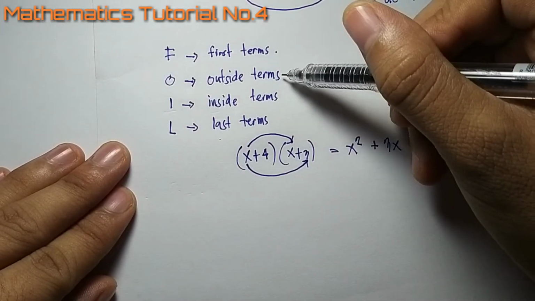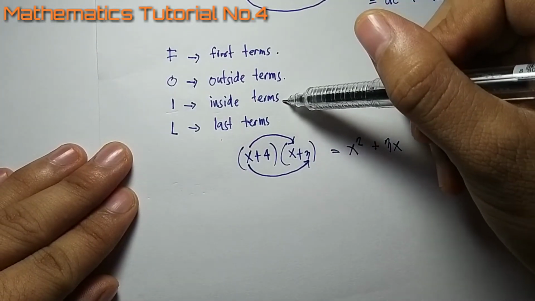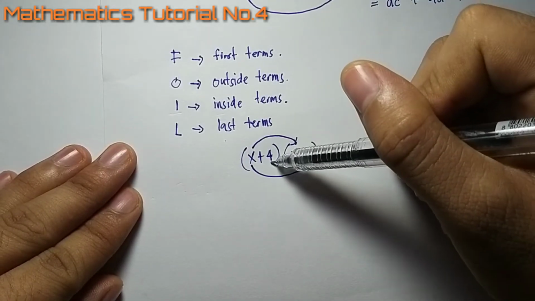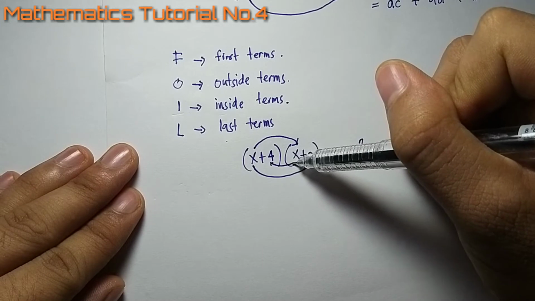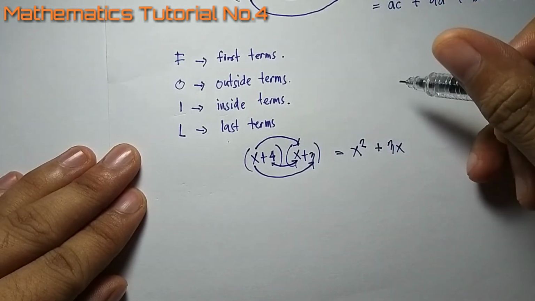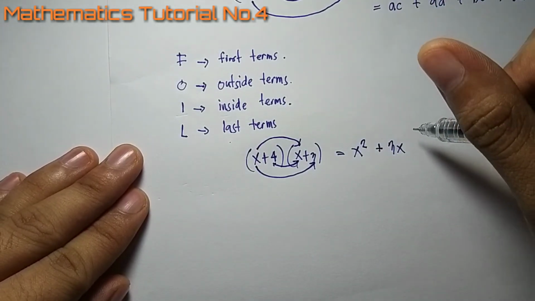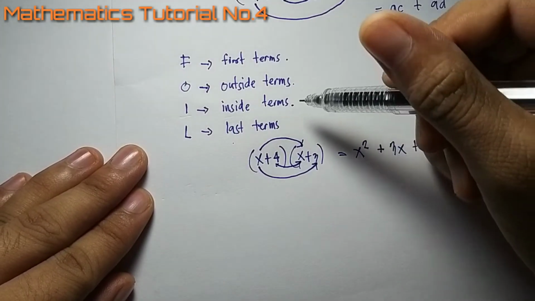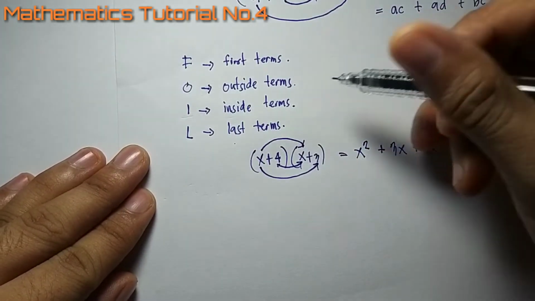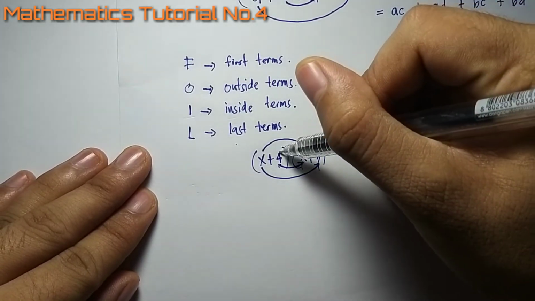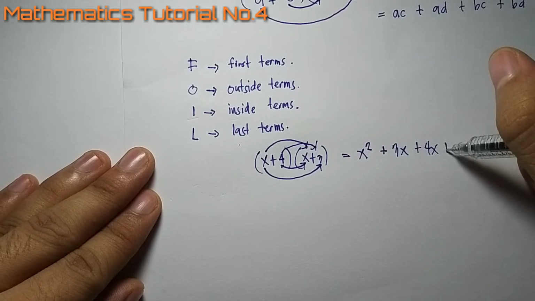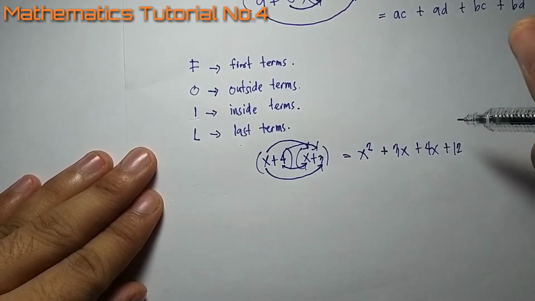Human na sa outside terms, diri na ta sa inside terms. So, ang inside terms kay 4 og x. So, 4 times x, that is positive 4x. And the last terms are 4 and 3. So, 4 times 3, that is positive 12.